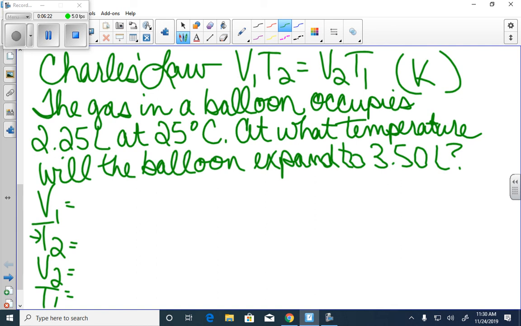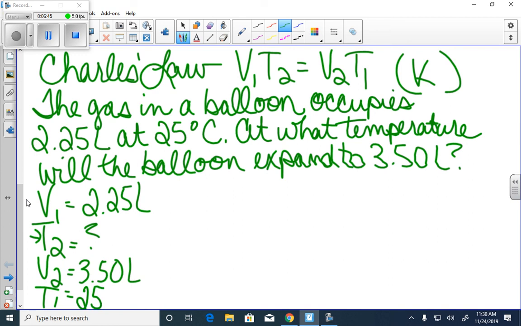Volume 1 is 2.25 liter. And then T2, we do not know. That's the question. At what temperature will it expand to? Our V2 is 3.5 liter. And our T1 is 25.